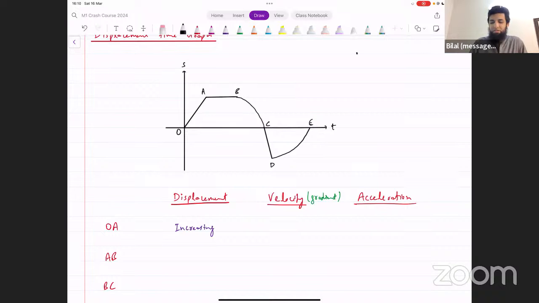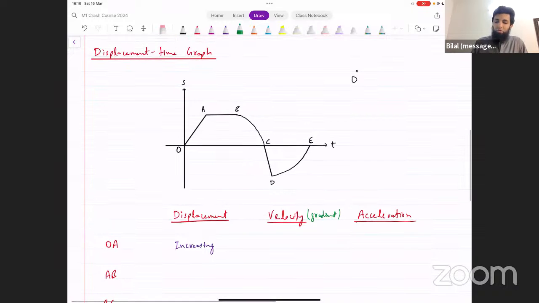Let's say the particle is moving horizontally, assuming the right side is positive. How would this journey look? The particle is first going to go towards the right side in the positive direction. Let's say this point is A. So it goes to the right side like this. That's what's happening in the first part.